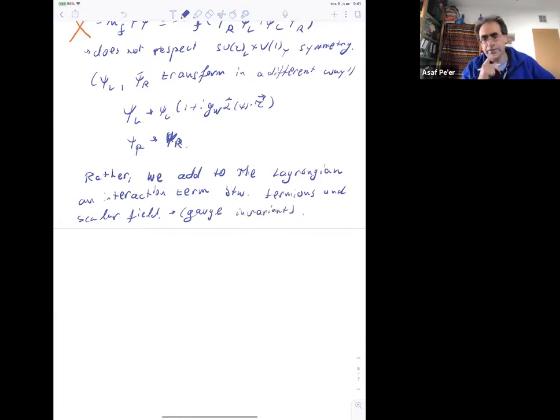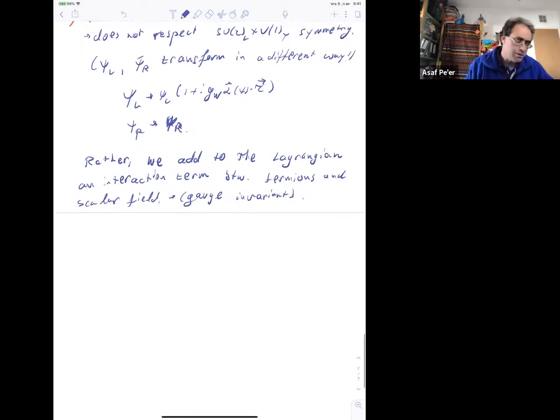We want to keep the gauge invariance. Such a term would look something like L_e equals minus Y_e, and then we put the fermion.